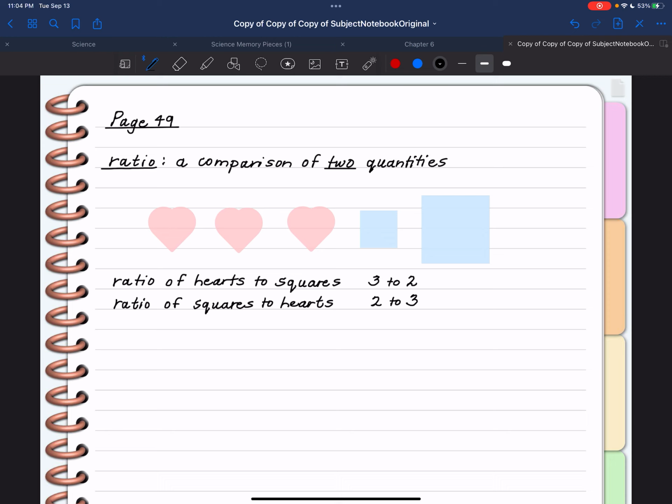What if I asked you to compare the ratio of large squares to small squares? That would be 1 to 1. There's 1 large square, there's 1 small square. What if I asked you for the ratio of total items to hearts?